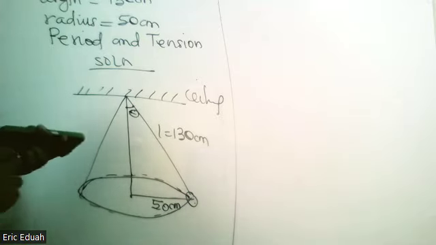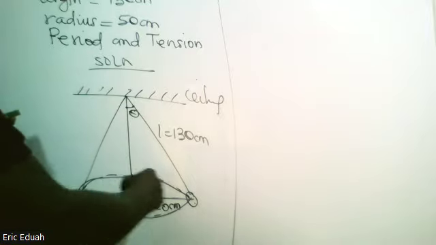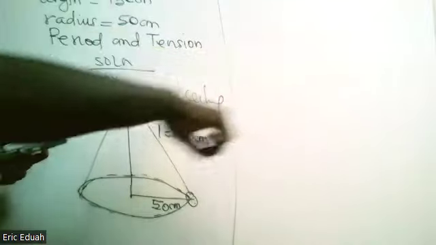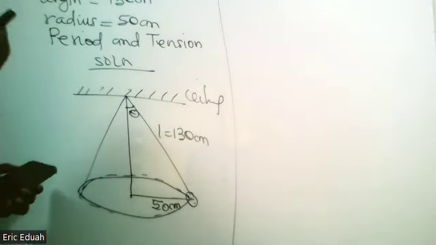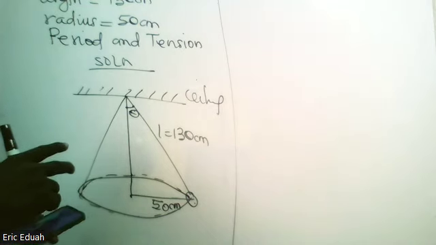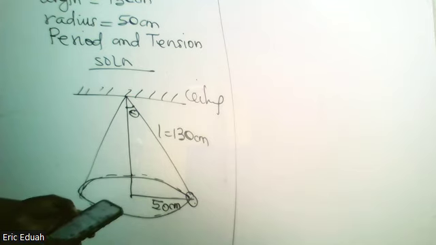But the fact that it will perform a horizontal circling means that it should be displaced at an angle so that it moves this way. This is what they mean by horizontal circling.